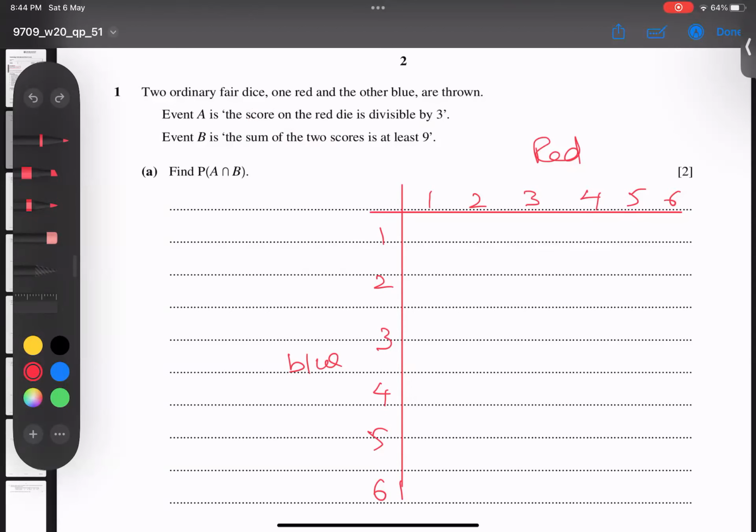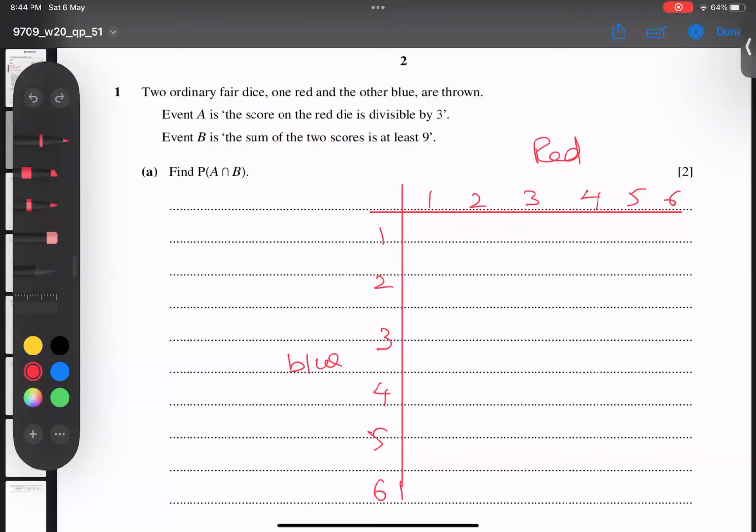And event B is the sum of the two scores. So actually we have to do two things together, students. One is divisible by 3, and another option we have to go for the sum.